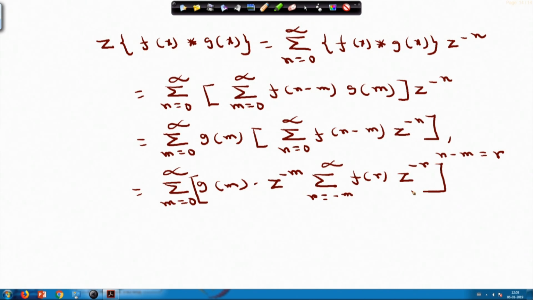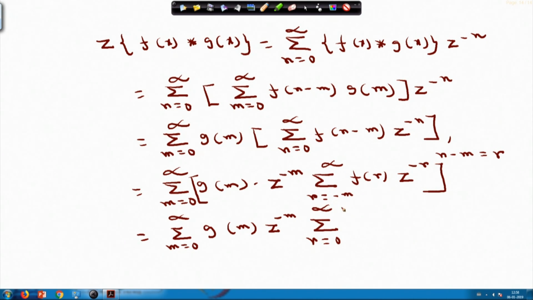Once n has been replaced by r plus m, one I am getting z to the power minus m, another one I am getting z to the power minus r. So, this equals summation m equals 0 to infinity g m z to the power minus m as it is, times r equals 0 to infinity f r into z to the power minus r.